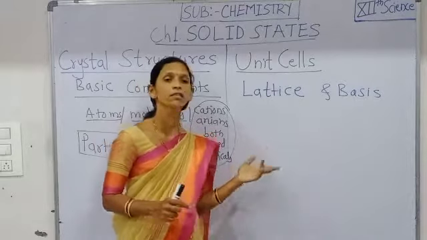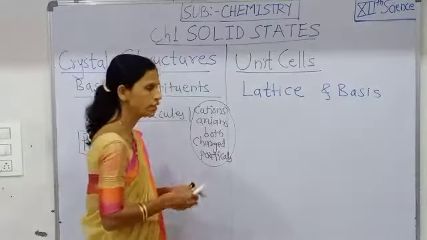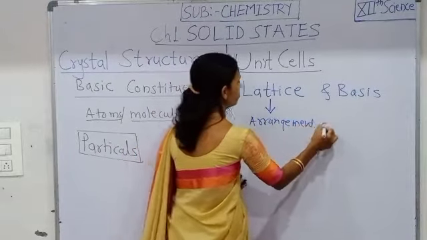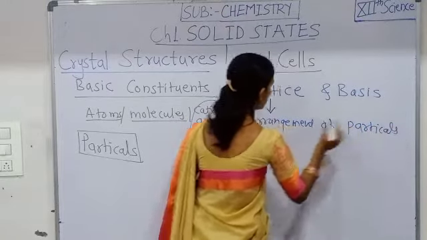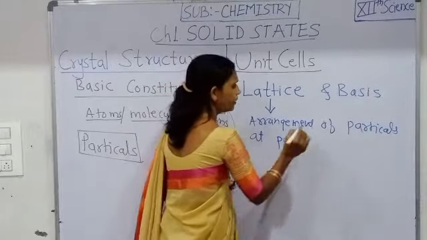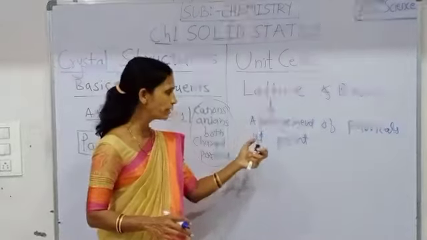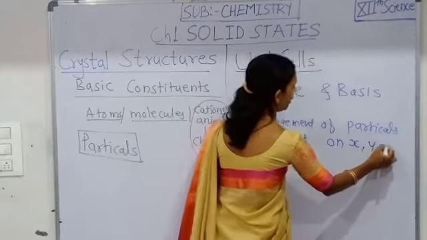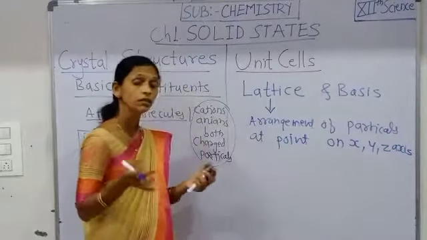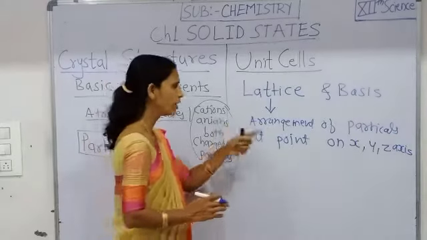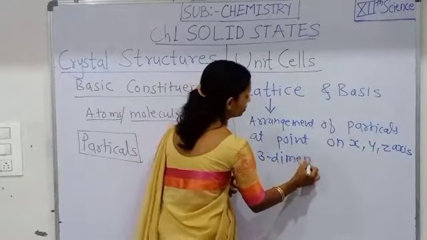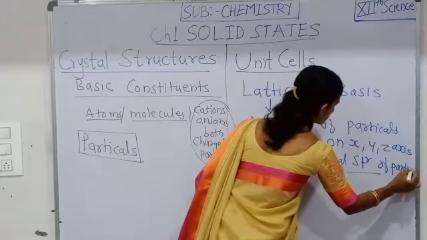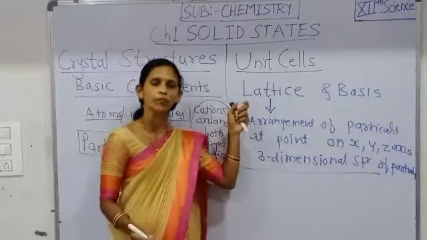That means the lattice is an arrangement of particles at points, along the three axes, x, y and z. Therefore, the three-dimensional arrangement of those particles is nothing but the lattice.